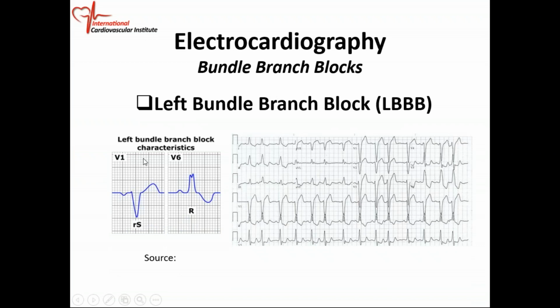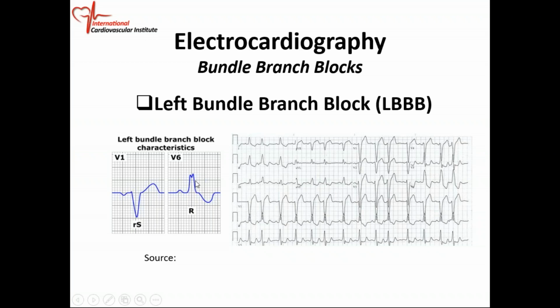So this is V1, so you'll get a tiny r, which we represent by a lowercase r, and then you'll get a big giant S wave, which we represent by a capital S. So when you look in V1, you get a tiny r, a big S. Or when you look in V5 and V6, you get this R prime. You get two upward deflections.